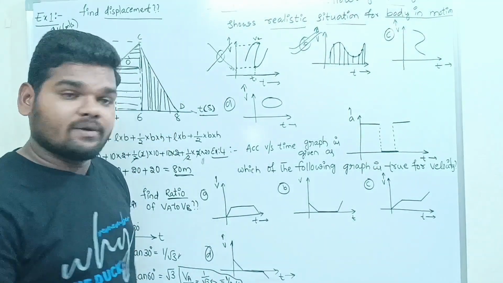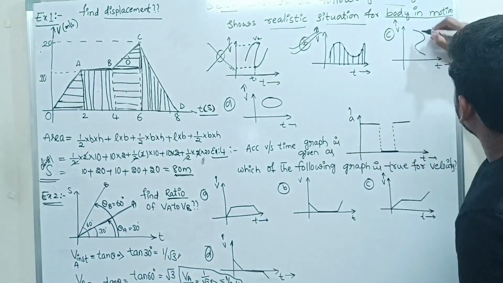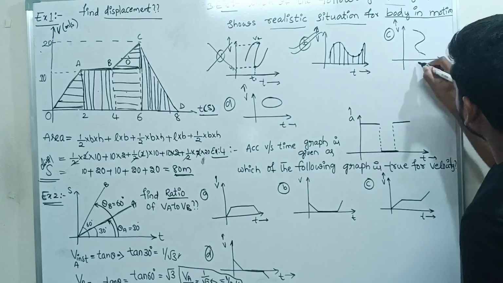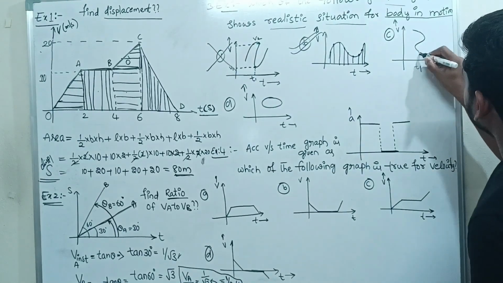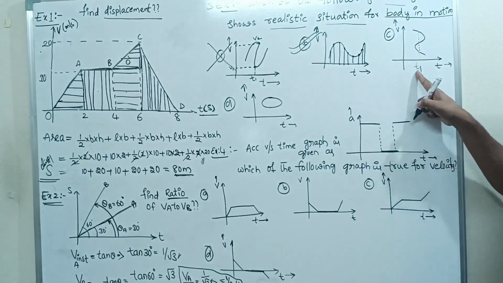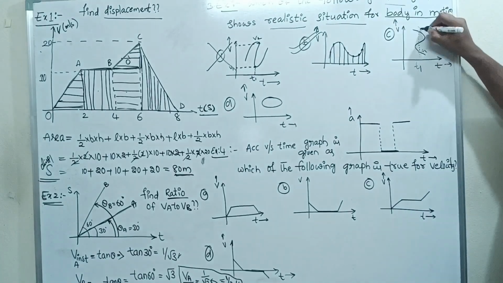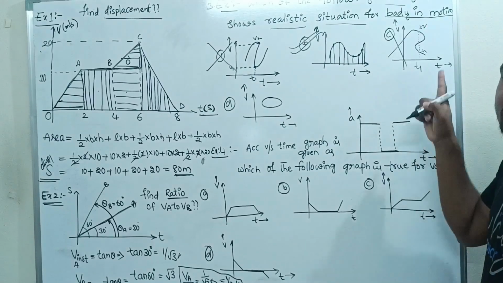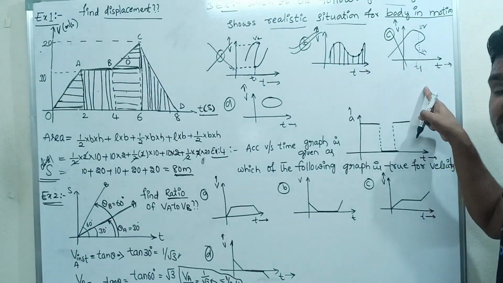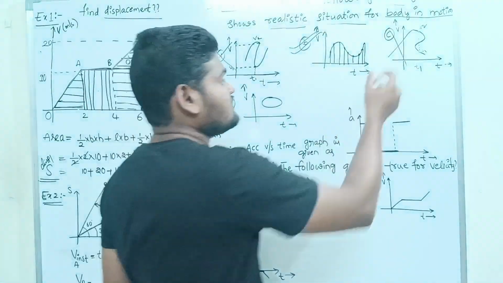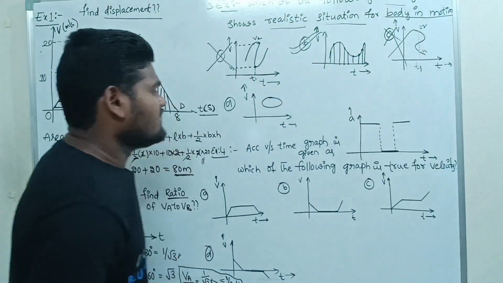Are you getting? Right. So if you come to this graph, at a particular instant of time, this graph has two different velocities. It is not possible. In a particular instant of time, there are no two velocities for the object. So this graph also does not exist.